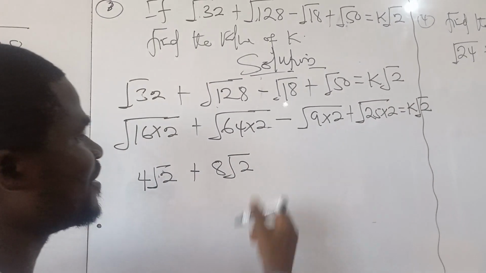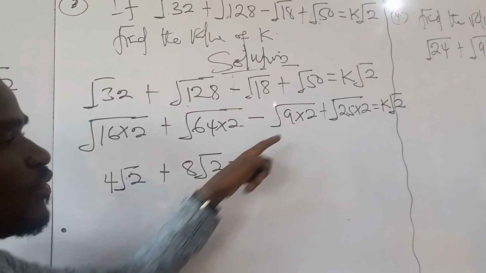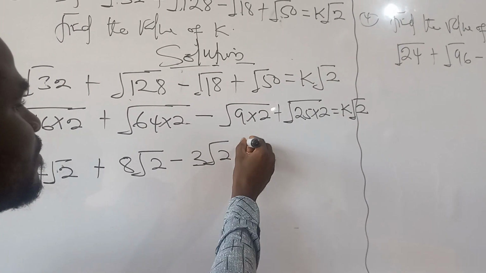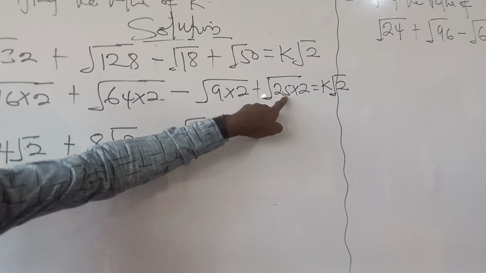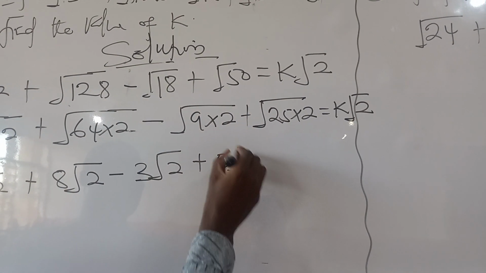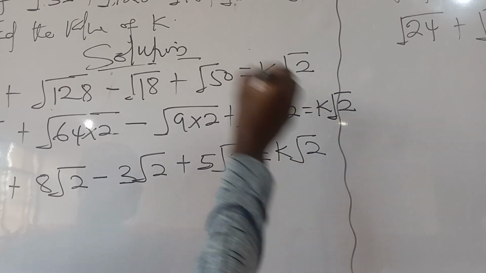Good. Minus square root of 9 is 3 root 2. Plus square root of 25 is 5, so 5 root 2 equals k root 2.